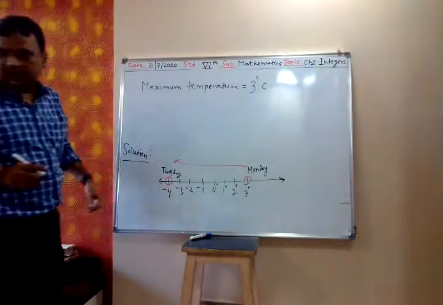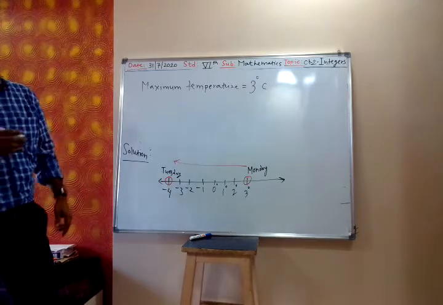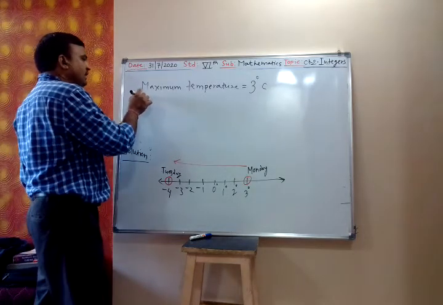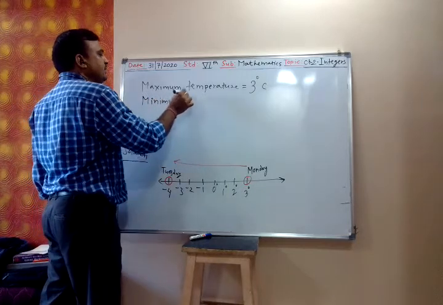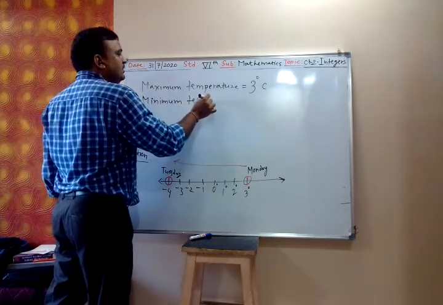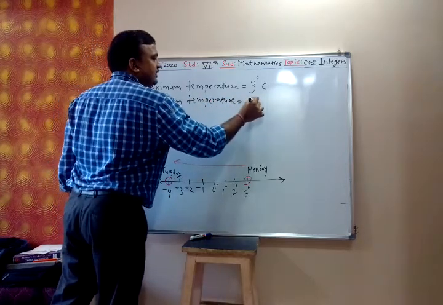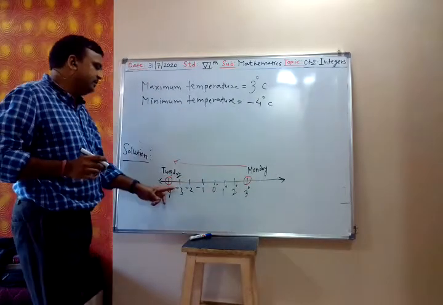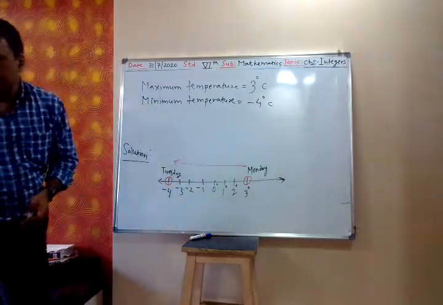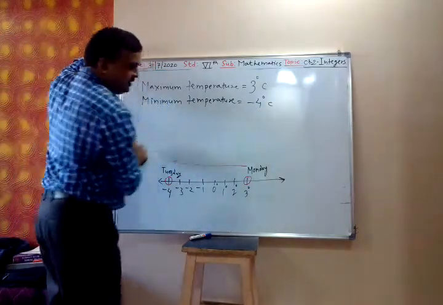And fell down means it is the minimum temperature. Minimum temperature is -4 degrees Celsius. Maximum is 3 degrees Celsius, minimum is -4 degrees Celsius. Now by how much does the temperature fall?